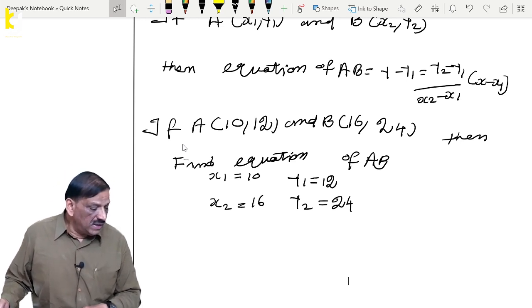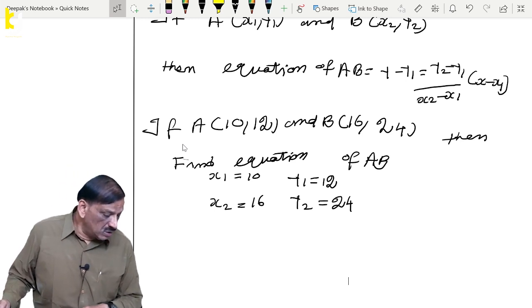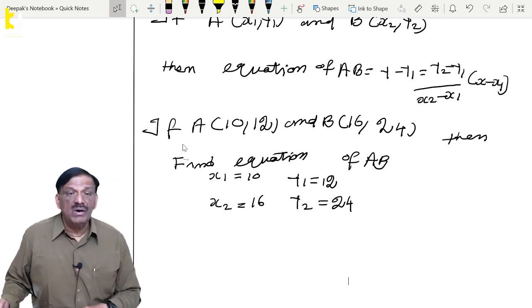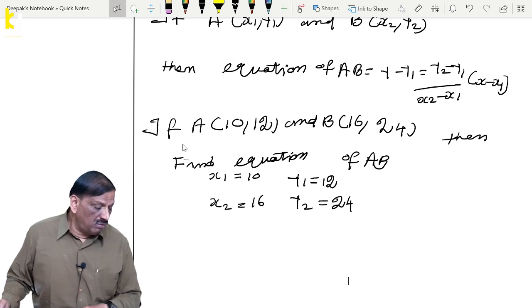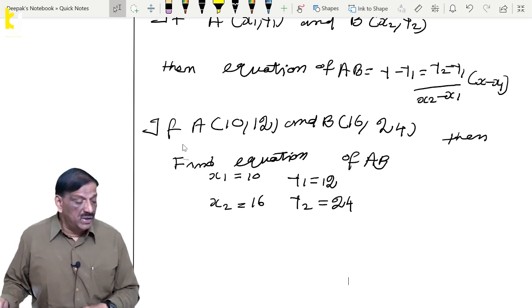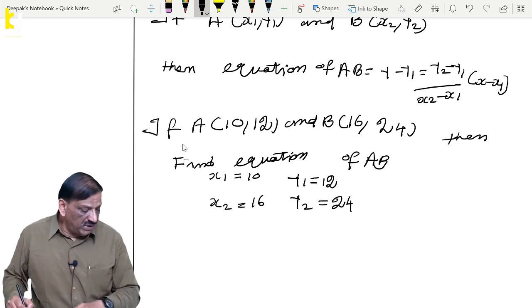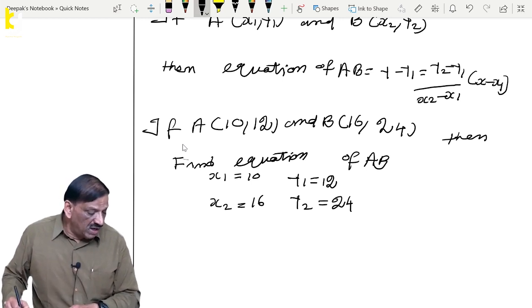See, here x1 is 10, y1 is 12, x2 is 16, and y2 is 24. Find the equation of the line segment AB.